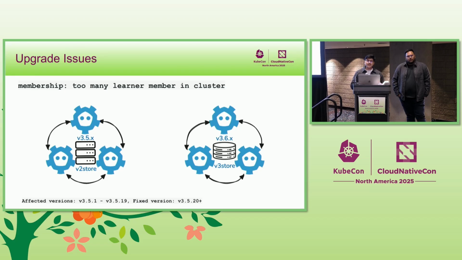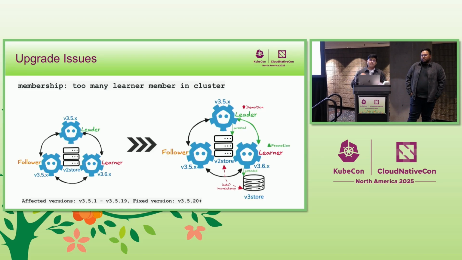So in etcd 3.5 the source of truth is the v2 data store. Although it has v3, the source of truth lies with v2. And in 3.6, we have removed the v2 data store, and there's only v3, which is the source of truth for 3.6. Now, when you want to upgrade from 3.5 to 3.6, what can happen is that one member which has been upgraded to 3.6, and it is a learner, and it has caught up with all the data from the leader, and is up for a promotion to a follower, this request will be persisted in v3 since it's in 3.6.